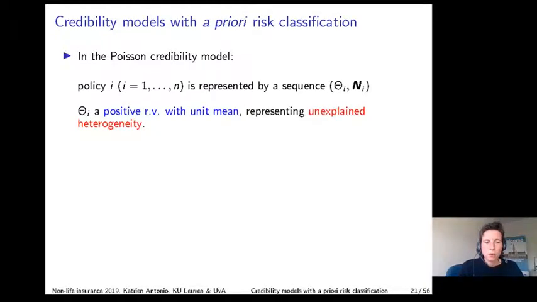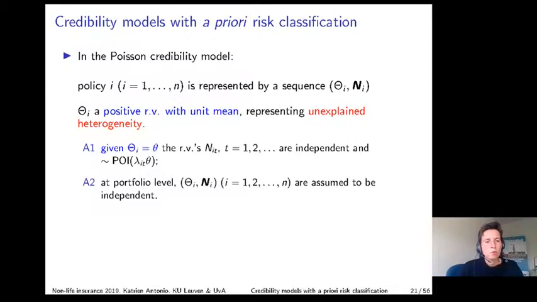Each policy or contract i in this model is represented by a sequence (theta_i, N_i). Here, theta_i is a positive random variable with unit mean, which represents the riskiness or heterogeneity that cannot be captured with the observable risk factors used in the a priori rating model.